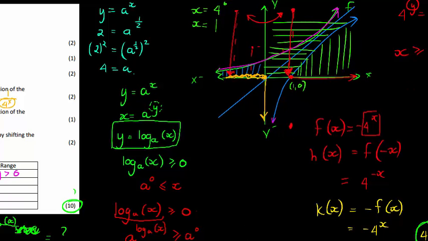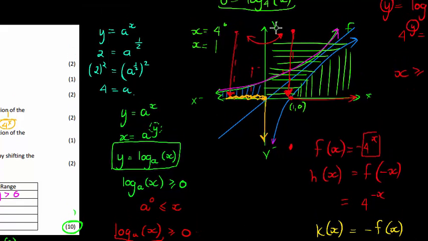Or left to right? No, our question is what y values can we get? The range. In other words, choose any y value and then you go horizontal and see, do I cut my graph? Yes, I do. So it's basically any number.